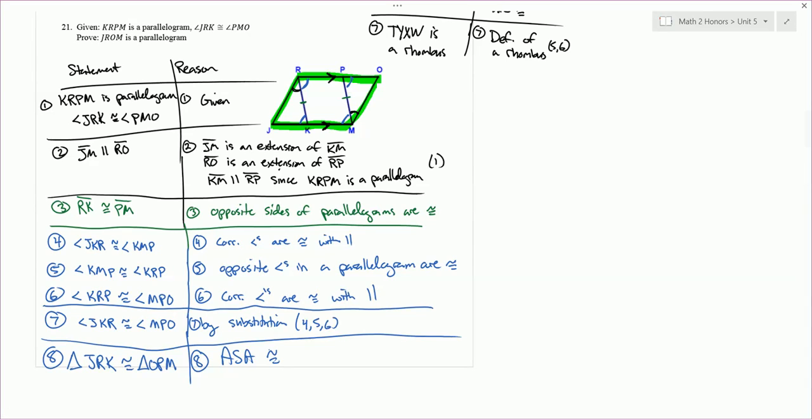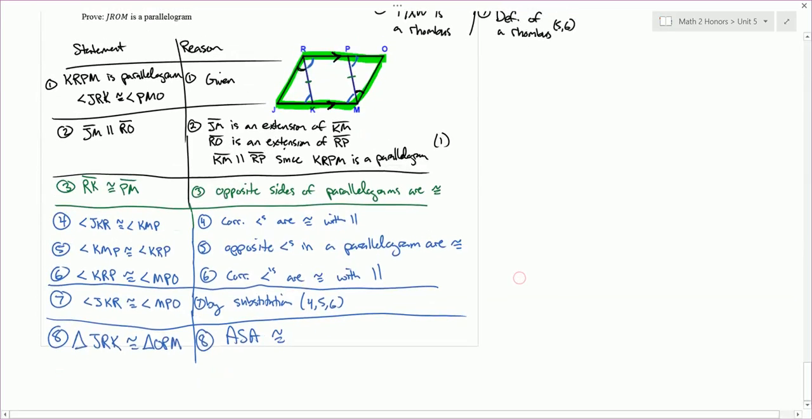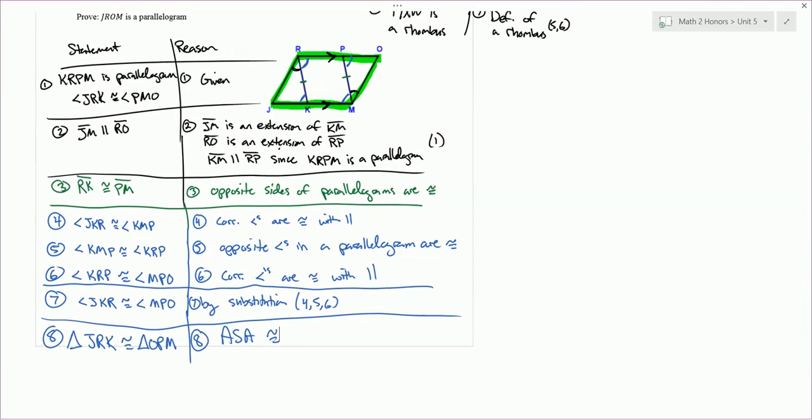Alright, so now that the triangles are congruent, what can we do? Well, we can say that angle J is congruent to angle O, since corresponding parts of congruent triangles are congruent.